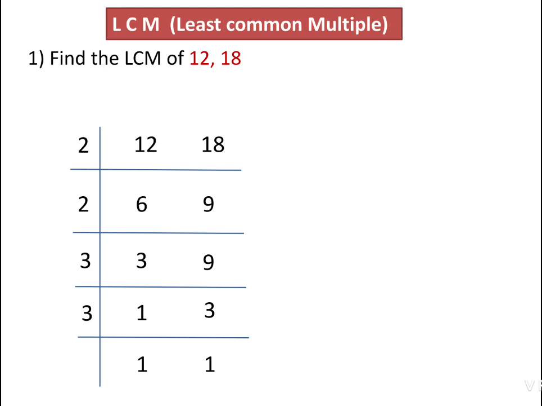So here the common multiples are 2, 2, 3, 3. So LCM equals, we multiply all four numbers: 2 into 2 into 3 into 3 equals 36.